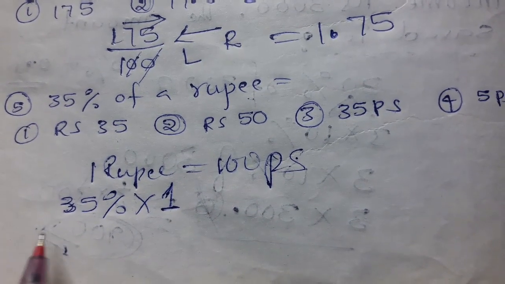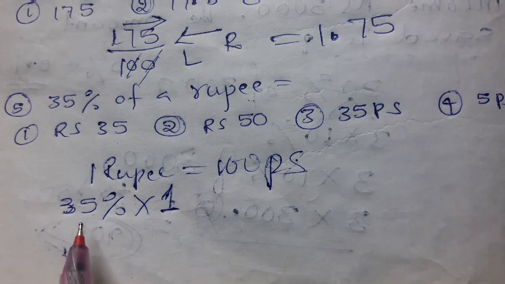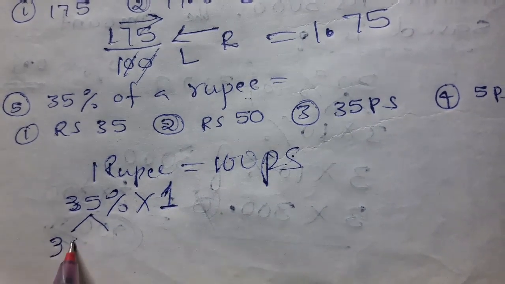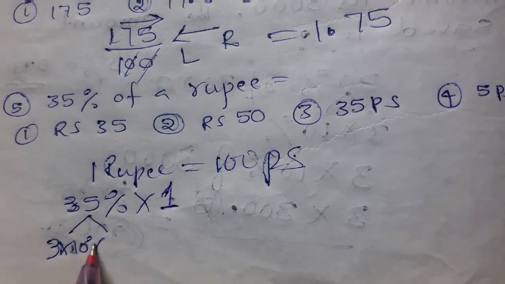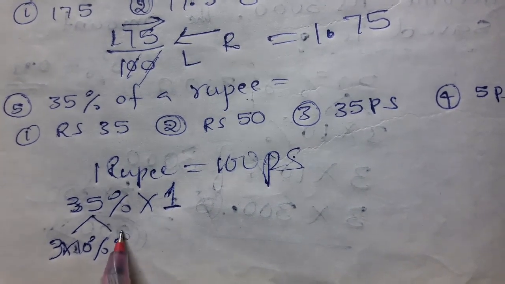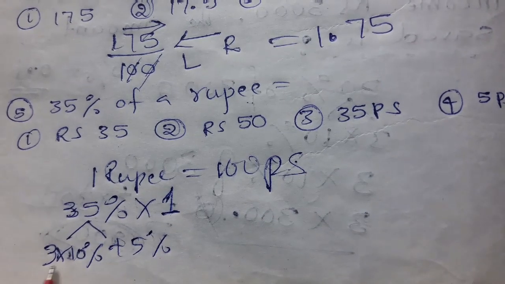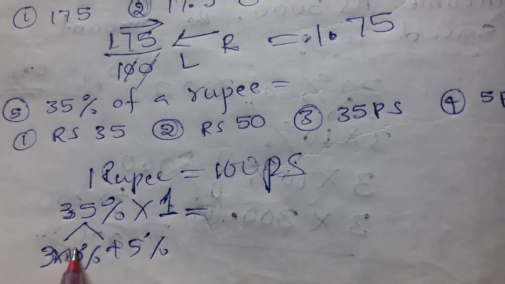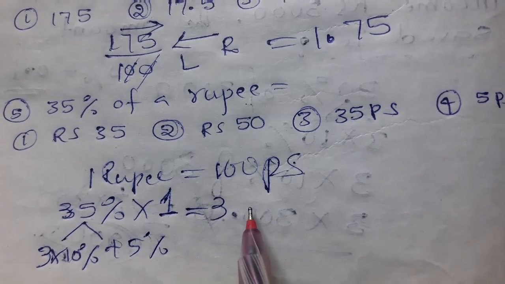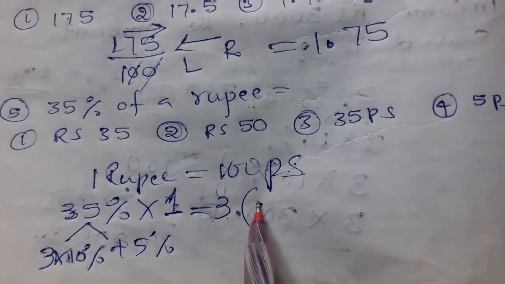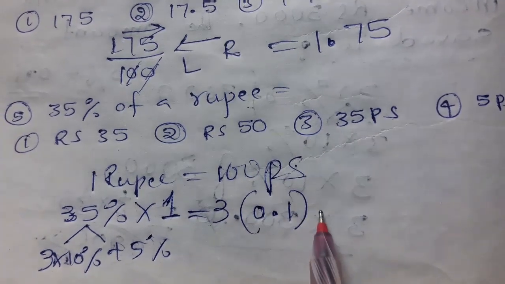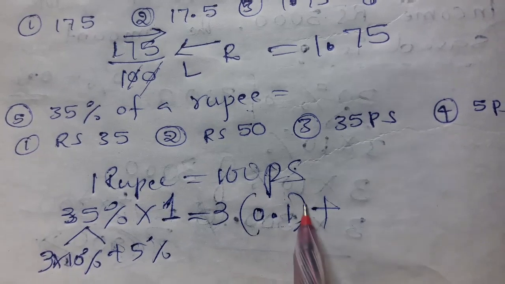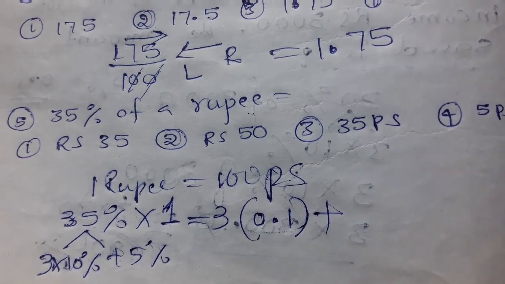So now convert this 35, I am writing 3 into 10% plus 5%, isn't it? Now in a shortcut method, 3 into 10% means this becomes 0.1, plus 5% means half of 10%. Half of 10% means 0.05.